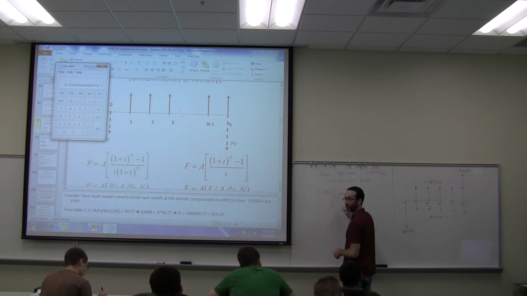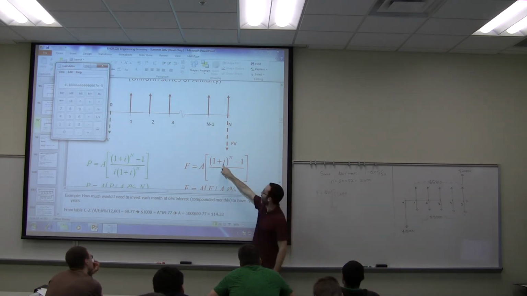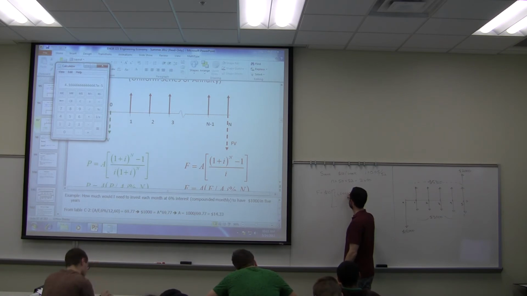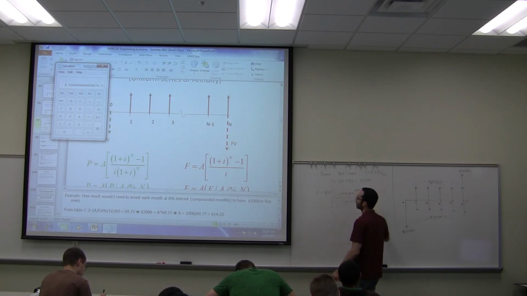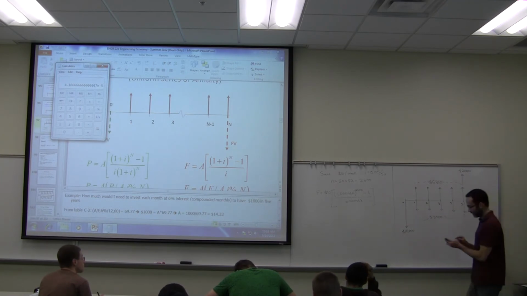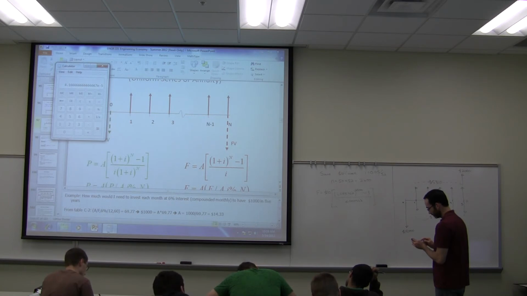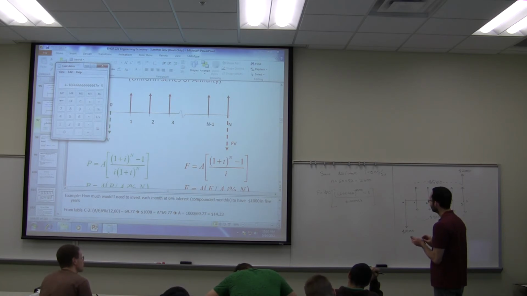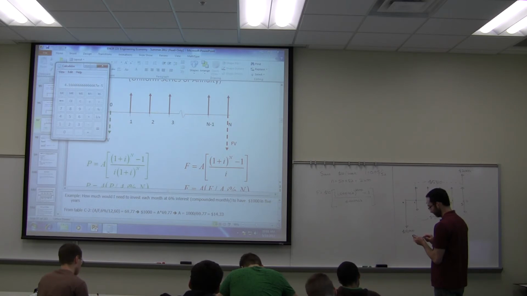It's 1 plus i, so 1.000962, to the 2,600 power, minus 1, divided by i, which is 0.000962.